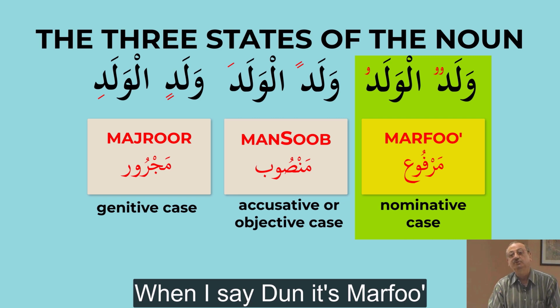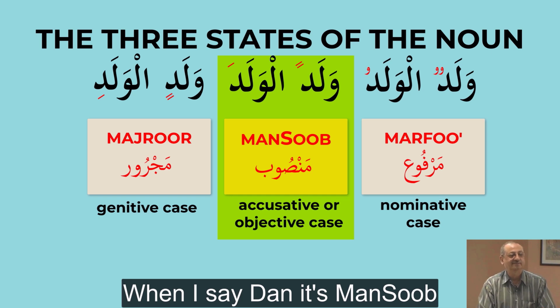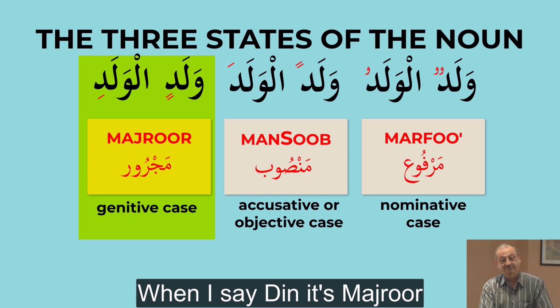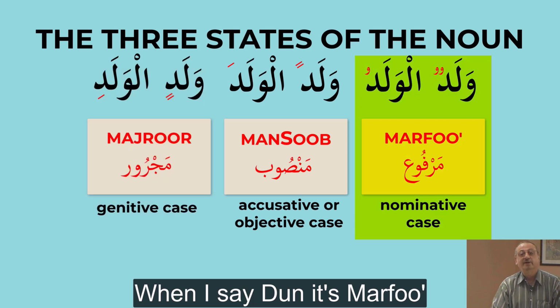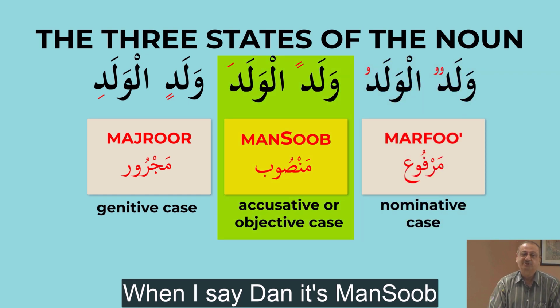When I say dun, it's marfu. When I say dan, it's mansub. When I say din, it's majroor. When I say dun, it's marfu. When I say dan, it's mansub.